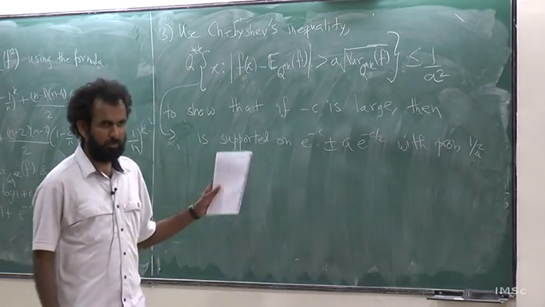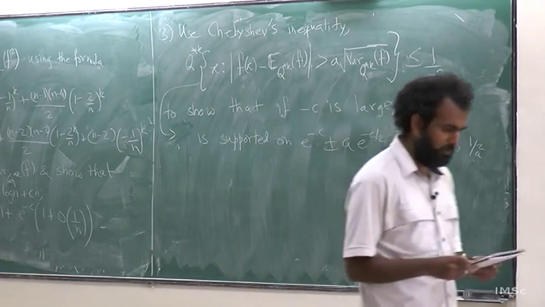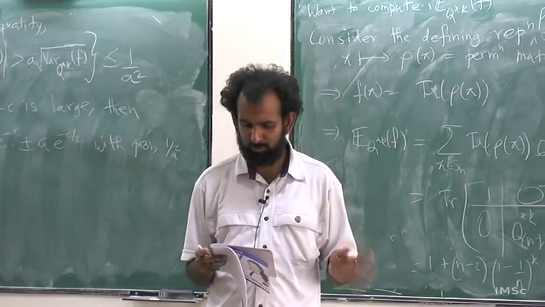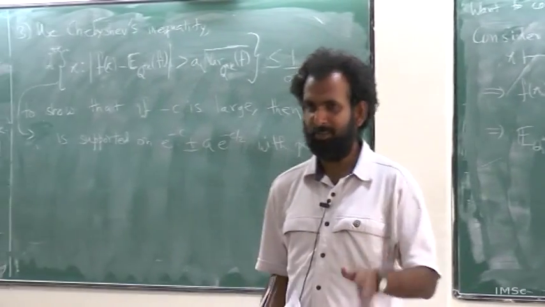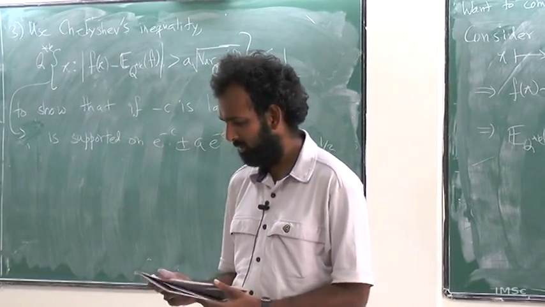Then you use Chebyshev for the uniform distribution, and you show some estimates and you get it. Okay.